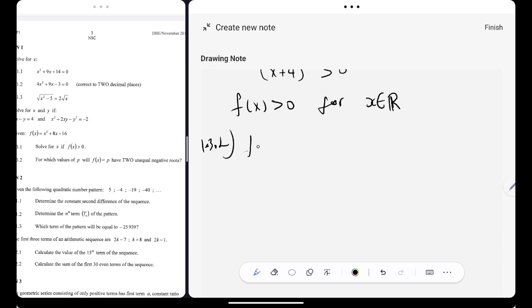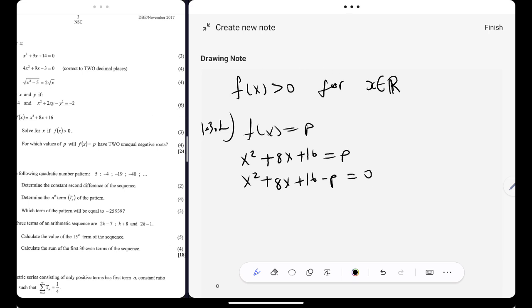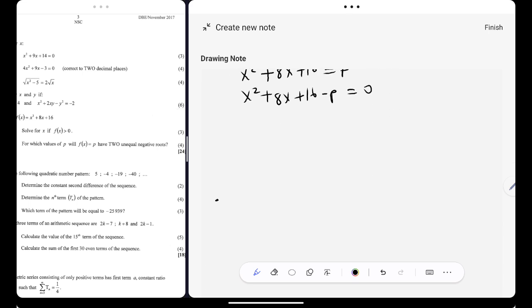Okay. f of x equal to p, x squared plus 8x plus 16 is equal to p. Therefore, x squared plus 8x plus 16 minus p is equal to 0. So I know that the value of a is the number in front of x squared, which is 1. The value of b, the number in front of x. The value of c, anything that doesn't have x.